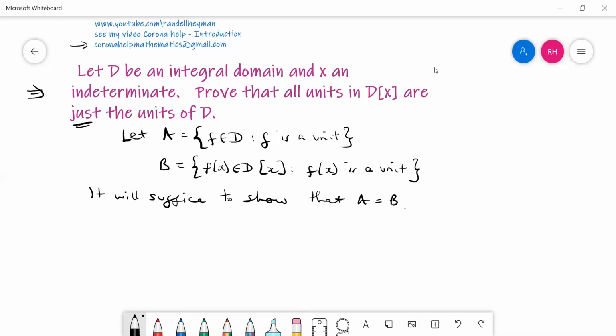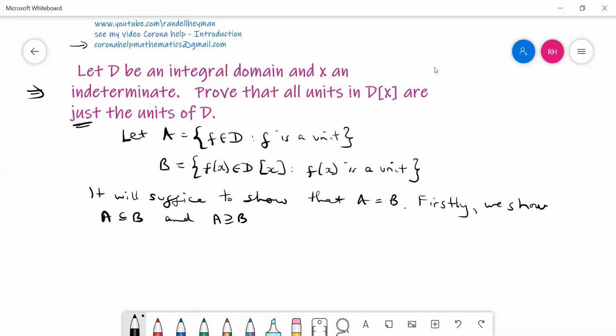It will suffice. So the next trick is, how do we show that two sets are equal? The best way generally is we show firstly that A is a subset of B, and then we show that B is a subset of A. We could write it like this.